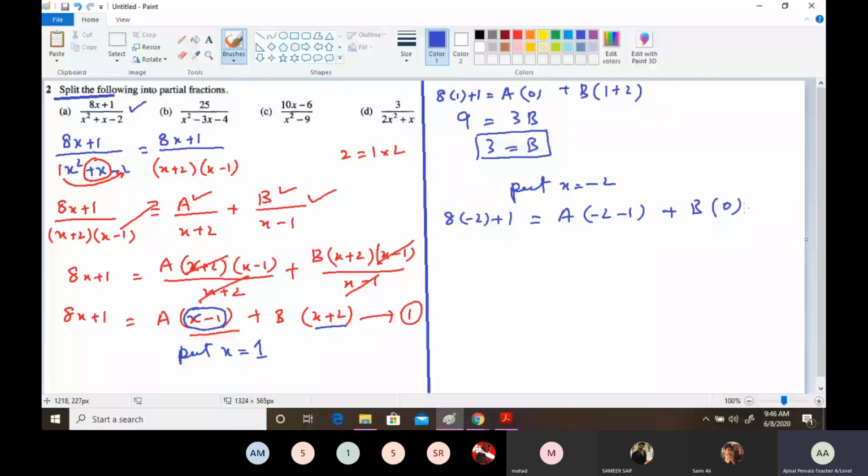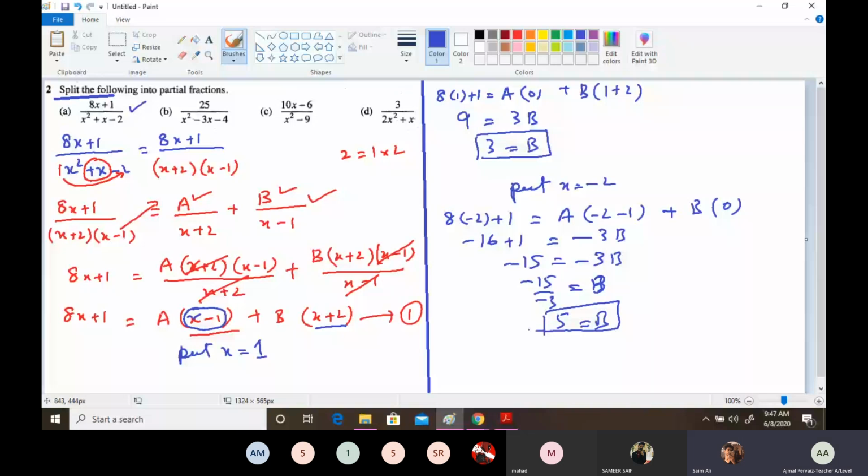So 8 times -2 is -16, plus 1 equals to -3B. -15 is equals to -3B. So B is going to be -15 divided by -3. So B is going to be 5. Is it fine, Saim?